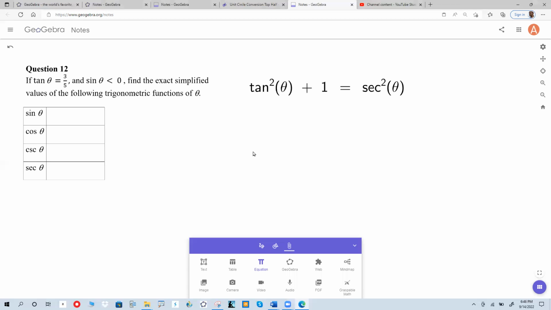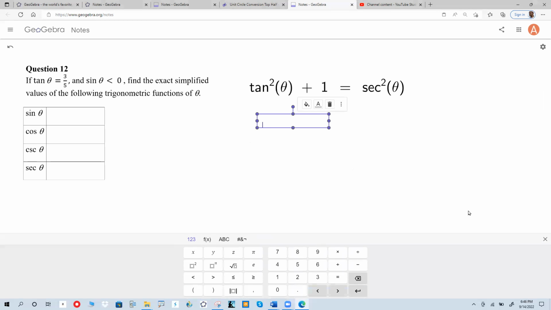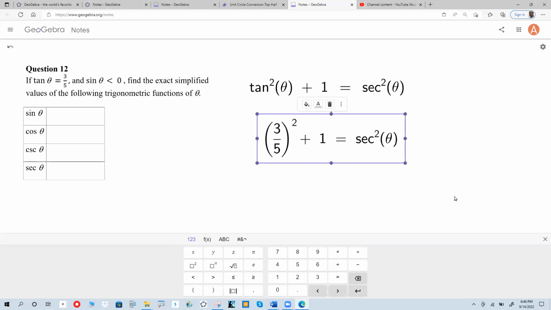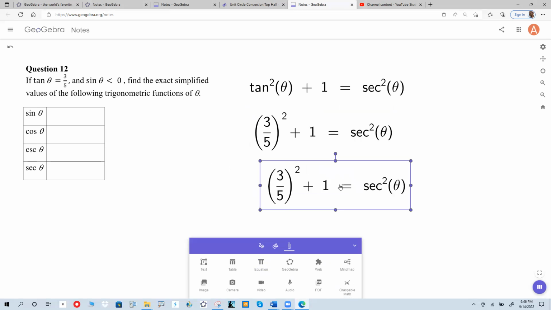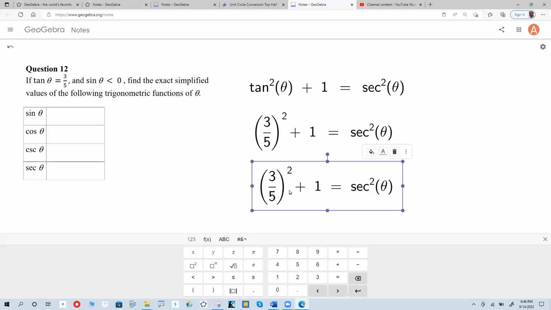I'll try not to make a mistake. (3/5) squared plus 1 is equal to secant squared theta. Now, 3 squared is 9, and 5 squared is 25.